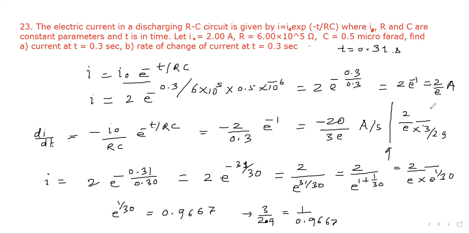So this 2.9 will go in the numerator. So this will make 2 as 5.8 divided by 3e, and then ampere, because we wanted to get current. So this is our answer.